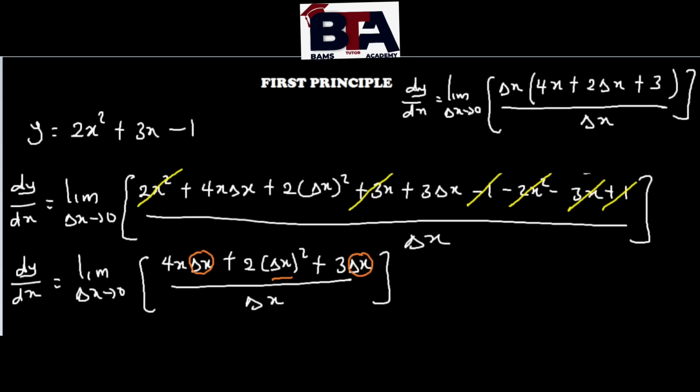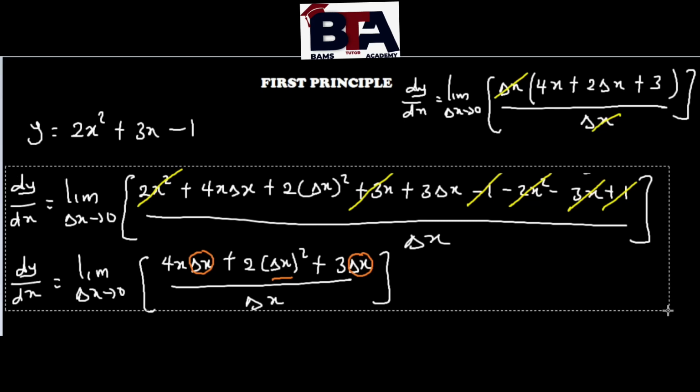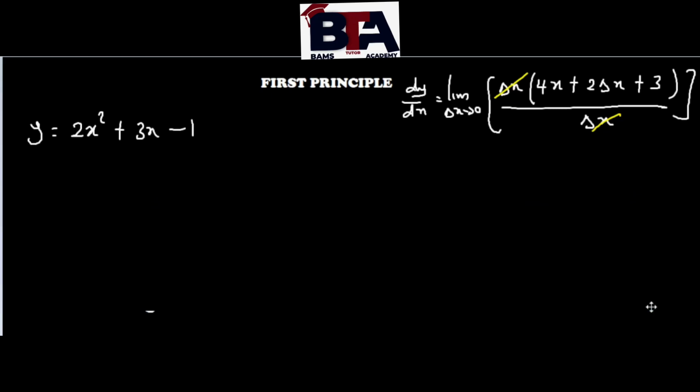So what do we do? We strike out change in x. So what we are left with now is dy over dx is equal to the limit as change in x tends to 0.